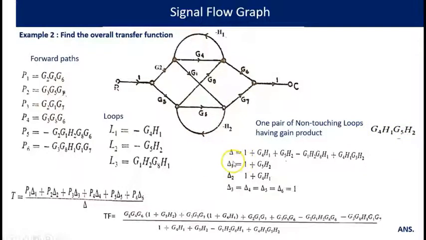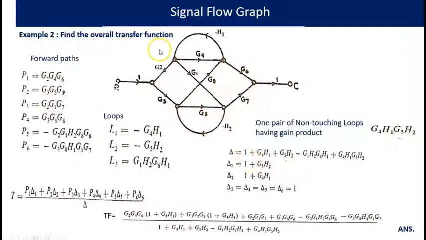So delta is equal to 1 minus the loop gains, but here two have minus signs. Therefore 1 plus G4 H1 plus G5 H2, minus G1 H2 G8 H1, plus sum of gain products of two non-touching loops, that is G4 H1 G5 H2.